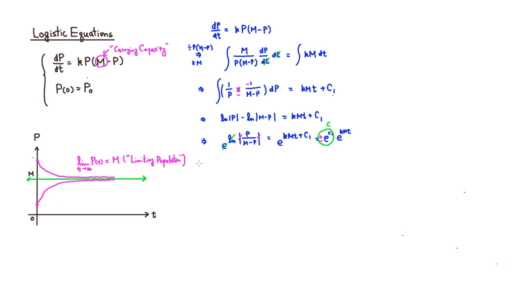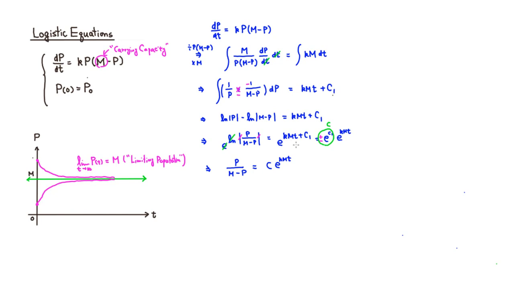So this is what you get: P over M minus P is equal to c times e to the kMt.